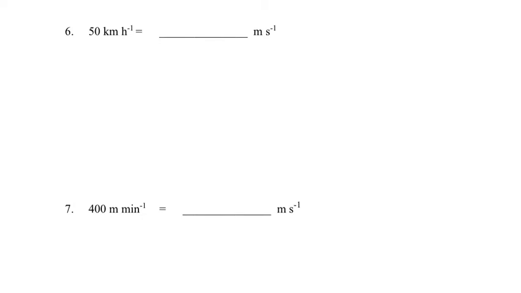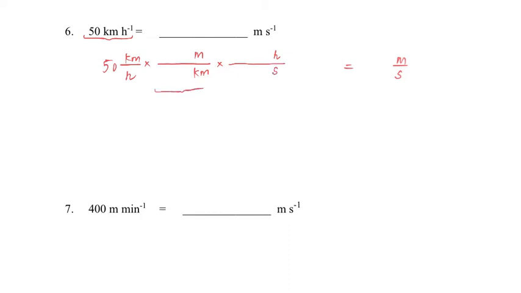For this part, make use of the same concept, 50 km per hour. Finally, we would like to make it into meter per second, which means that we have to eliminate km and change it into meter, and then eliminate hour and change it into per second.